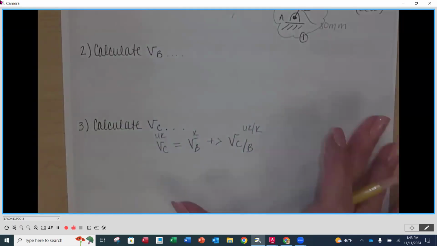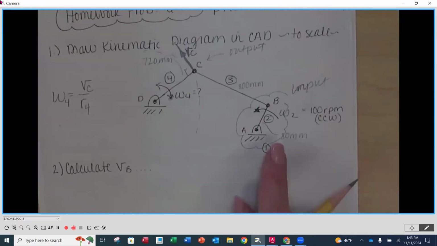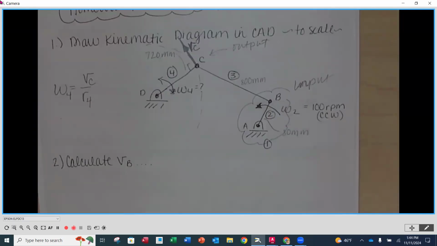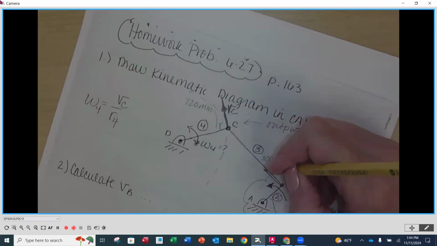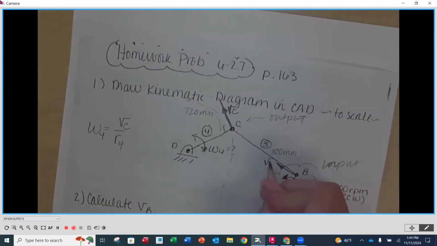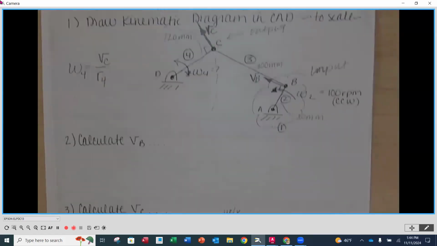So if we look back at our diagram, draw in what you believe to be the direction of the straight line velocity of B, VB. You should have it going, might even be close to that link number 3, but it's going to be going up and to the left, perpendicular to link number 2, right?